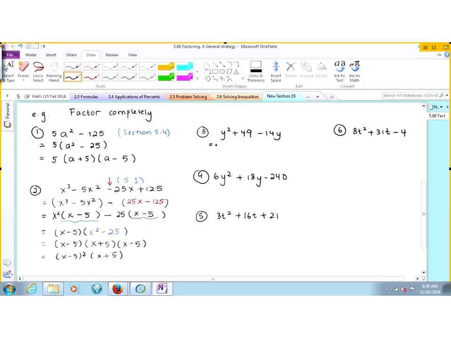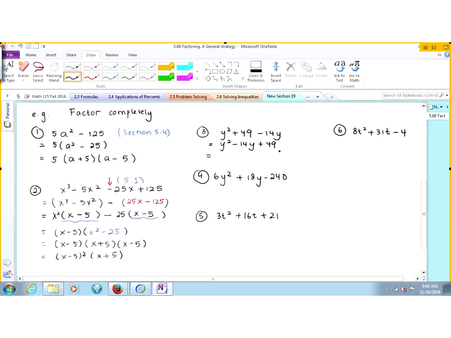You have to arrange it first, right? Yes. The x minus 5, x plus 5, x minus 5? No, you should write it as a square. Yeah. So this is y squared minus 14y plus 49. Actually, this is a perfect square trinomial, isn't it?